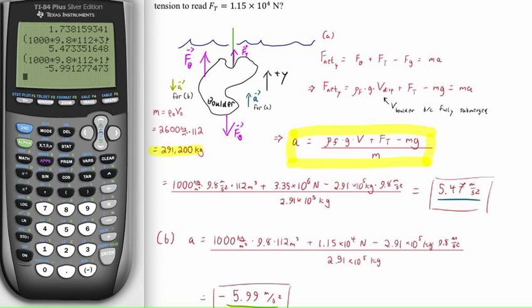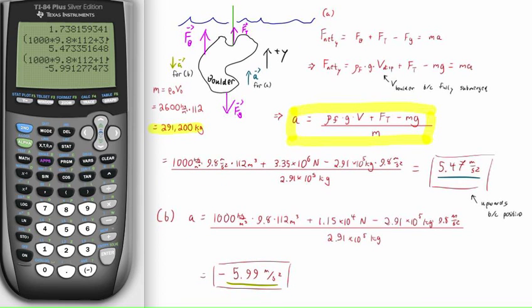And I'll point out that this one here is upwards because positive, and then here, downwards because negative. So the sign of the acceleration definitely tells us our direction because we're consistent with our coordinates. Okay, well, thank you.